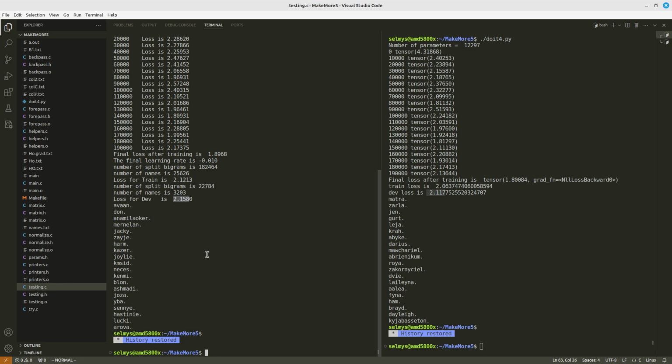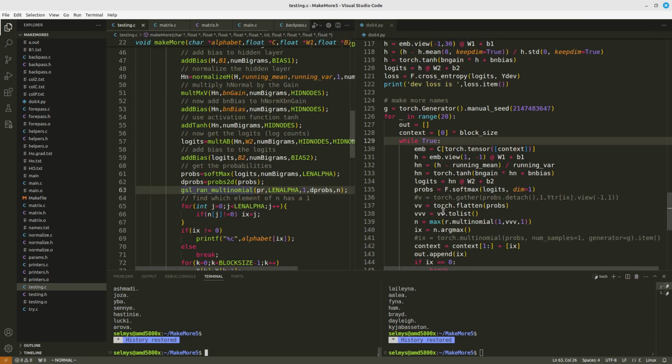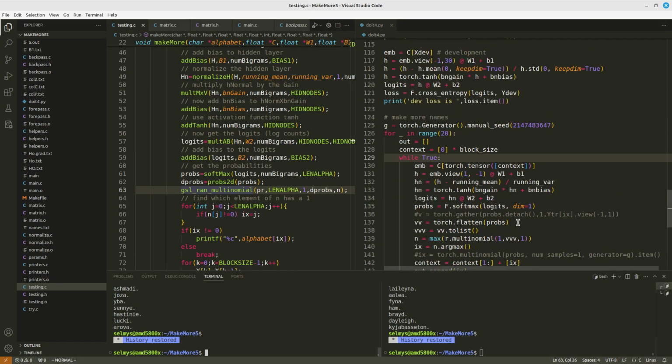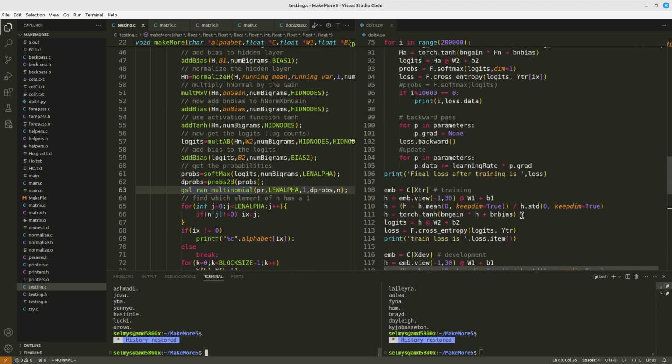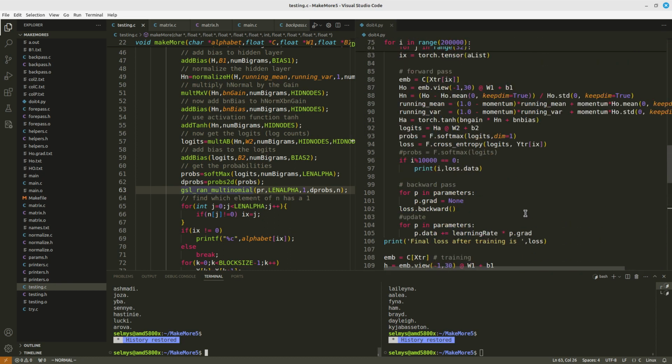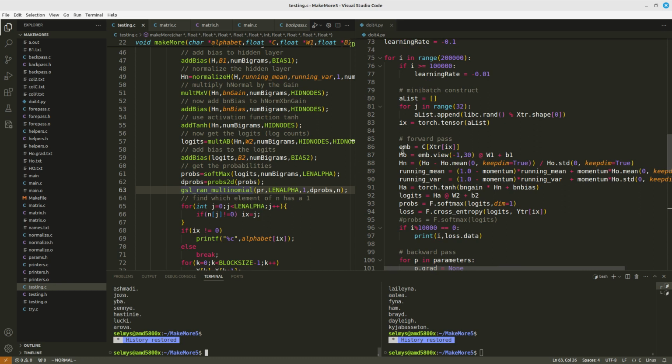Anyway, why do I get this difference? Well, I've narrowed down why I get this difference to one particular place in the Python program, and that is this, the loss with respect to HO.